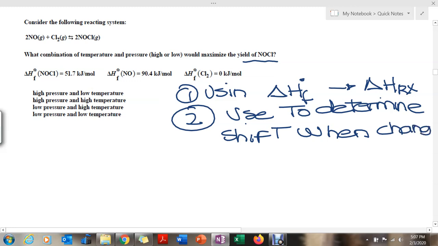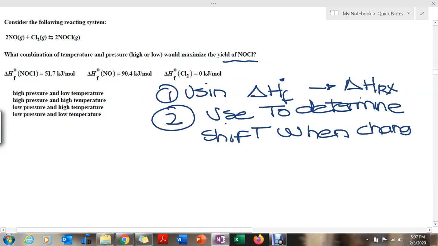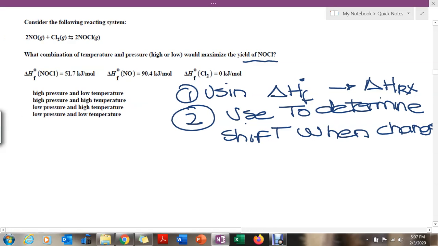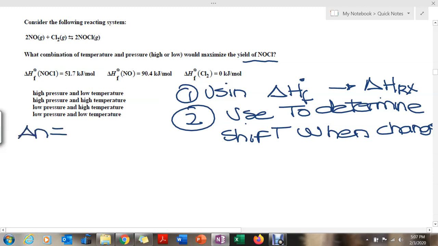The other thing that you have to do is determine the difference of moles between the reactants and product, delta N. Delta N would be 2 moles, the coefficient of the products, minus 2 plus 1. So it's going to be 2 minus 3, negative 1.